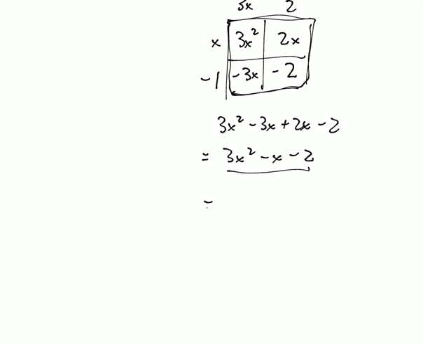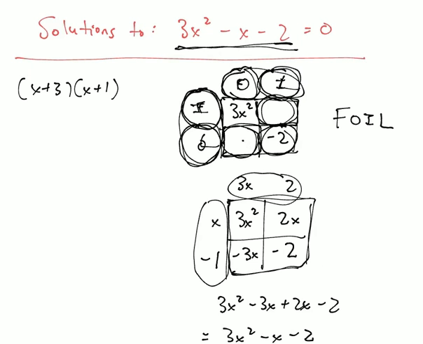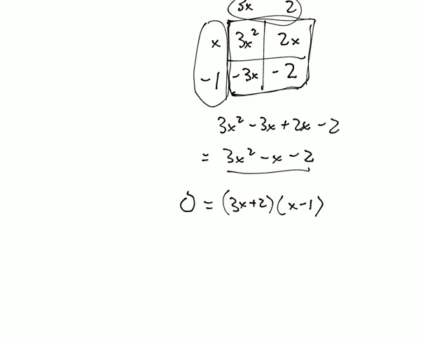And that is also equal to the two binomials we just created, one up here and one down here. So that's equal to 3x plus 2 multiplied by x minus 1. Remember, this is the same equation as we started with, so all of this is equal to 0.